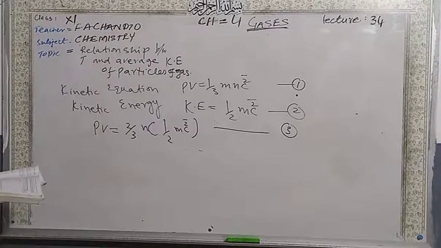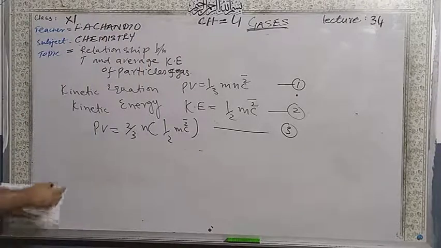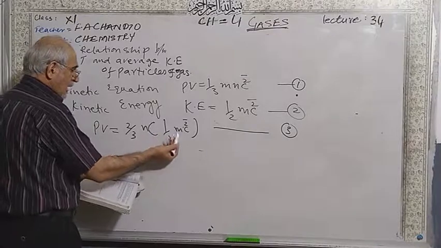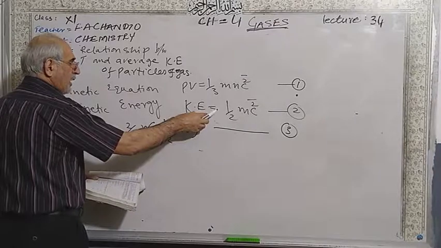You will get an equation like this. So this half m c square bar is equal to kinetic energy.